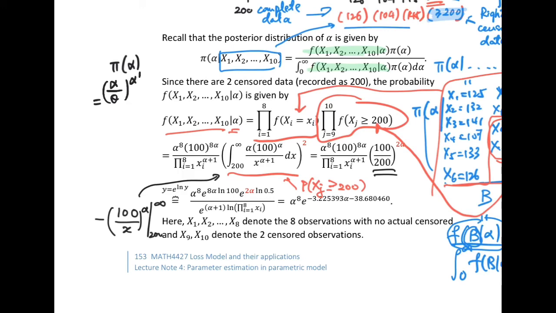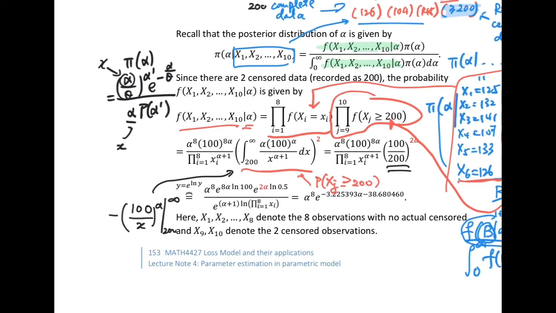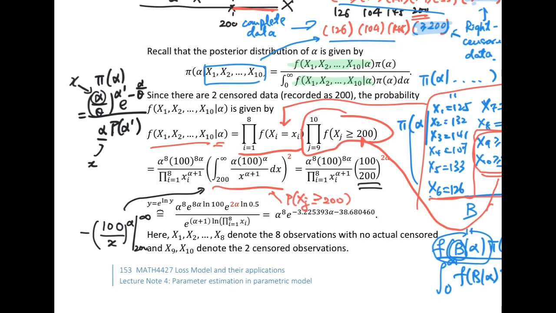Remember, the s will be replaced by alpha in your gamma distribution, and then that will be exponential minus alpha over theta, divided by theta. Sorry, no, theta is alpha, and then gamma of alpha prime. Just be careful here: the alpha here represents the s in your distribution function. Anyway, this is your prior distribution. Then basically we have almost everything done.